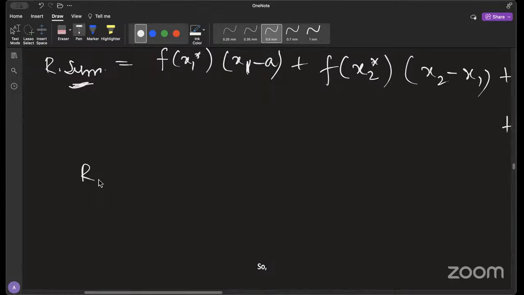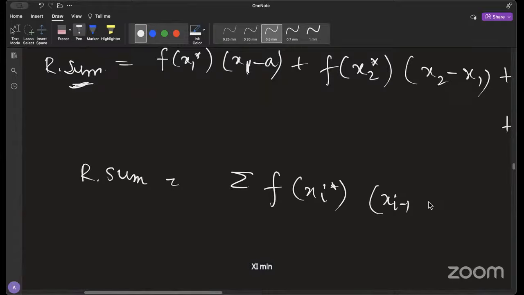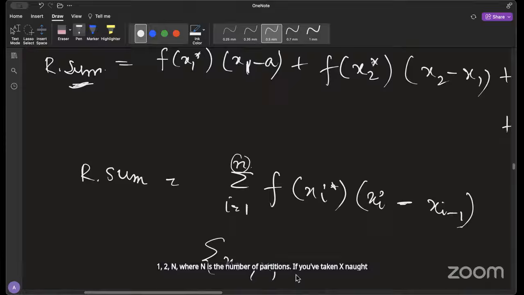So the general formula for Riemann sum is the sum of f(xi star) times (xi minus xi minus 1), i varying from 1 to n, where n is the number of partitions. If you've taken x0, x1 till xn, then this is that n. If this is k, then this will be k.